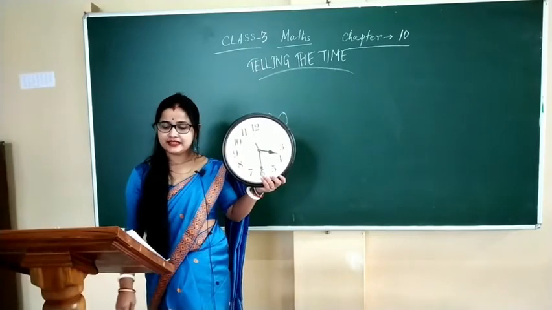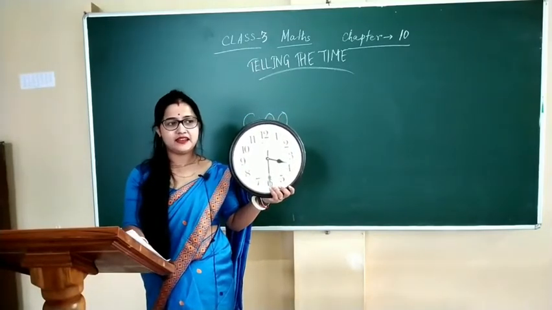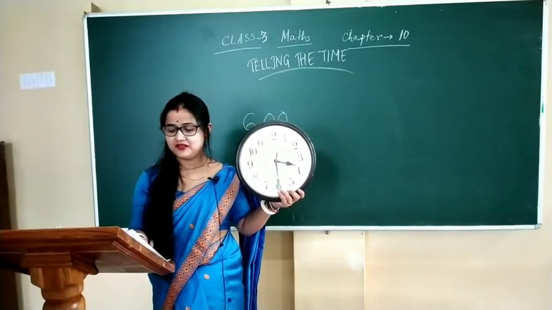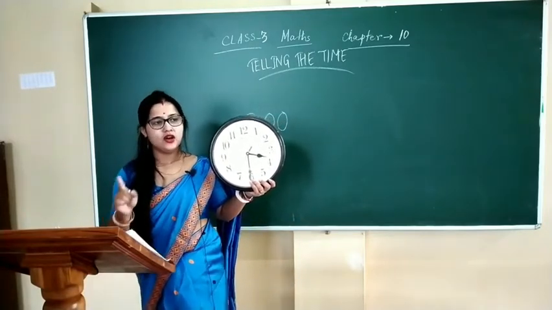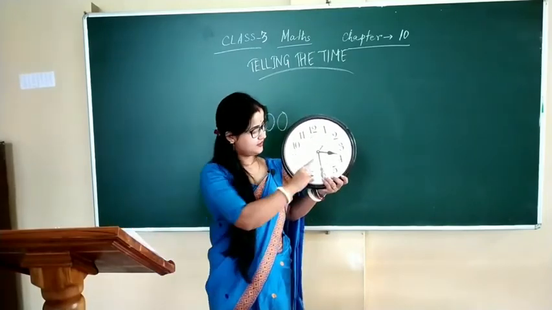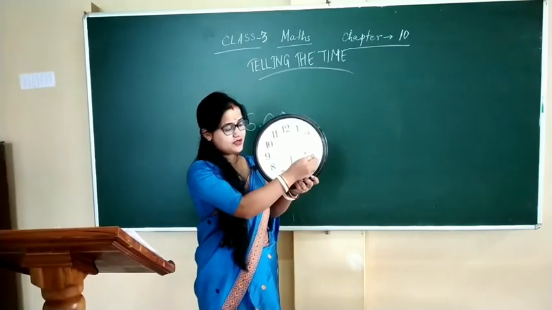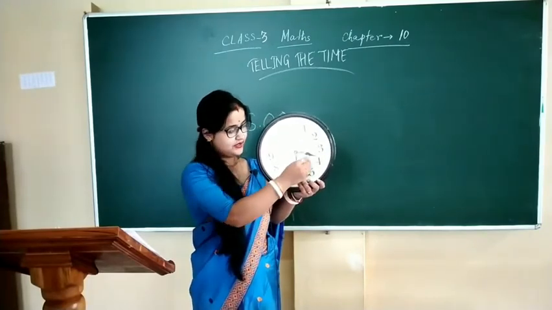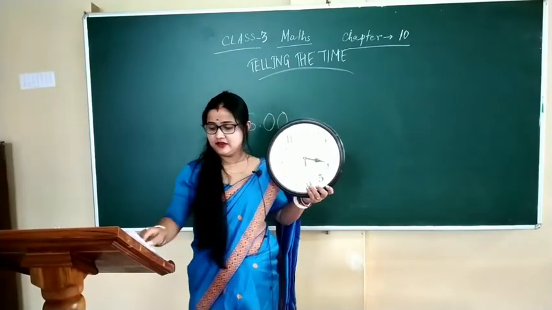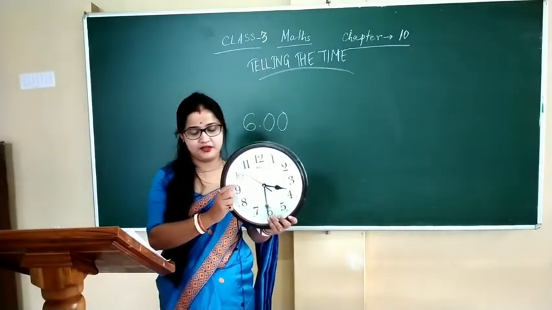So what is the time now? Can anyone say what's the time now? It is 3:30. See, it is in between 3 and 4 and the minute hand is in 6. So we call this 3:30.